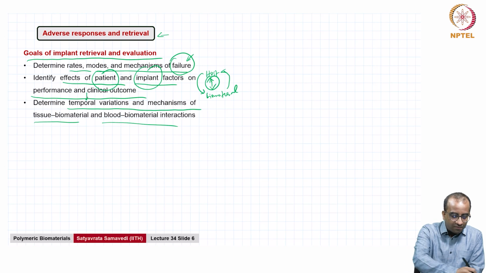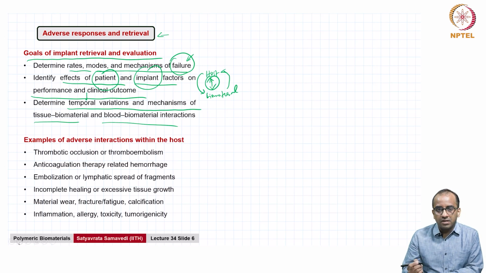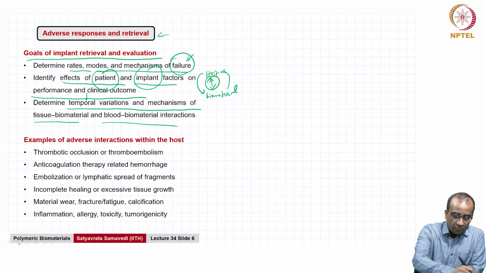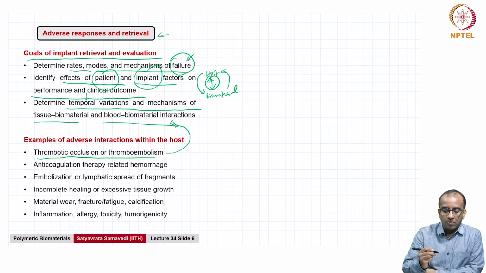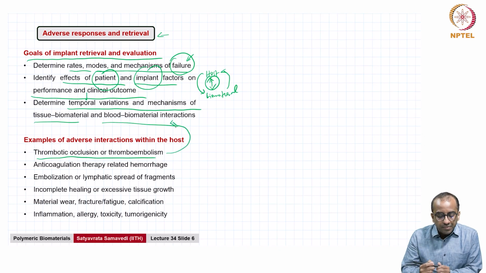Now, some adverse effects that could be seen or some adverse interactions within the host include thrombotic occlusion or thromboembolism, which has to do with blood material interactions. This can lead to severe clotting, leading to obstruction in the blood flow.